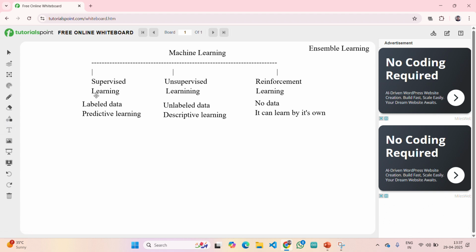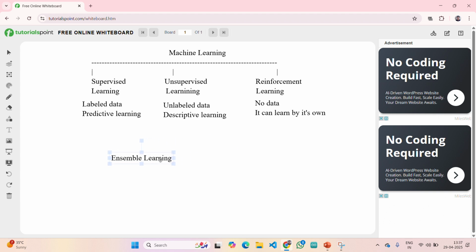Yes guys, before going to the inner types, let me explain what this ensemble learning actually is. It is not a type of machine learning, but it is a branch in machine learning. The reason I am not mentioning it as a type is that in machine learning you have supervised and unsupervised based on your data.